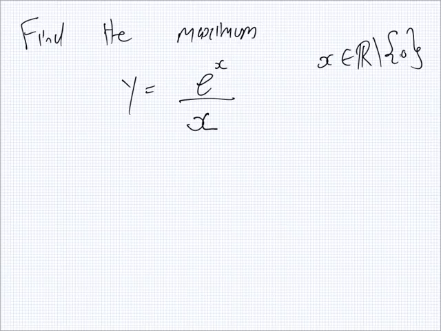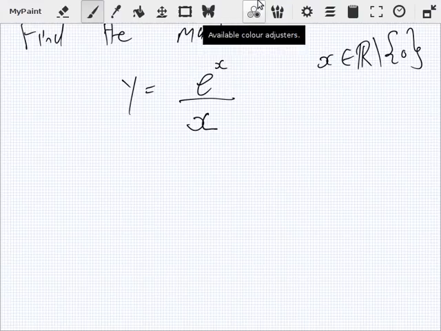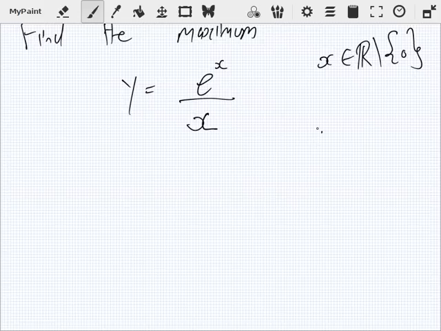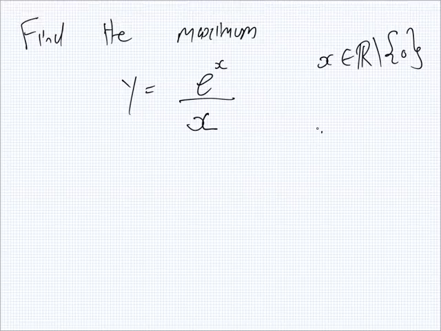Sometimes they ask you to show that it doesn't have a maximum. So if there's no answer here, it means it has no maximum. I think there is a maximum, but if there's not, no problem. Tell me why there's not then.